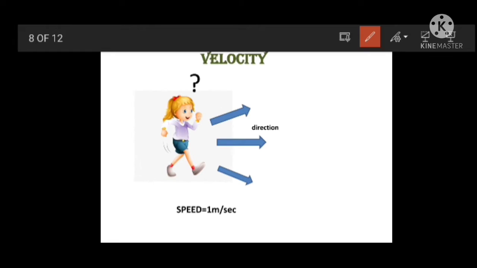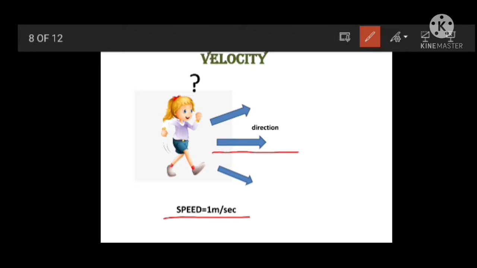We know that the girl is traveling with a speed of 1 meter per second. But can you tell me in which direction she is traveling? Yes, we can guess she is traveling in a straight direction, towards the right.